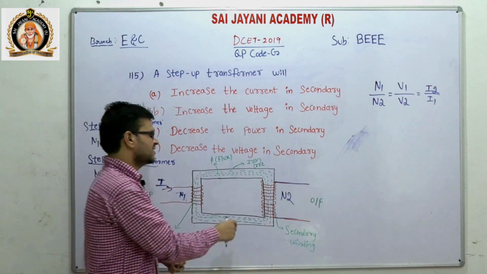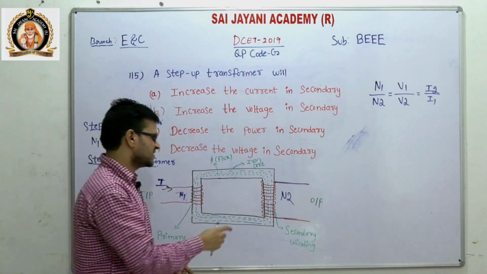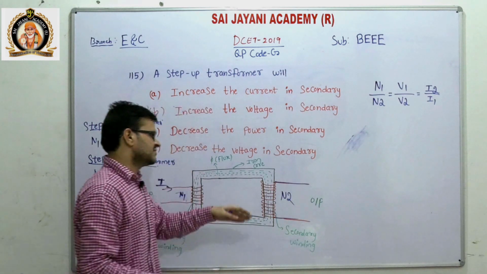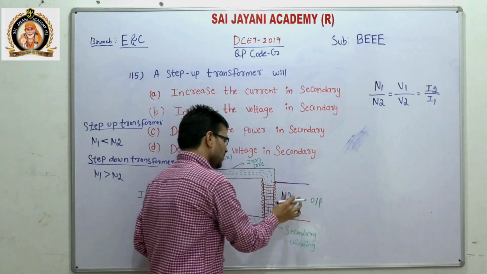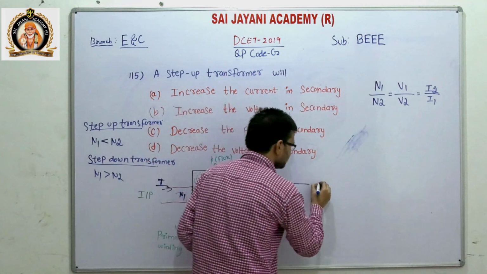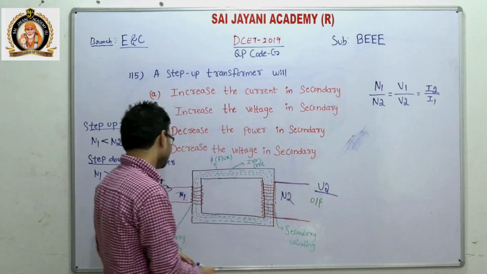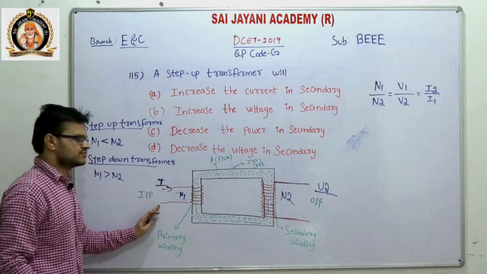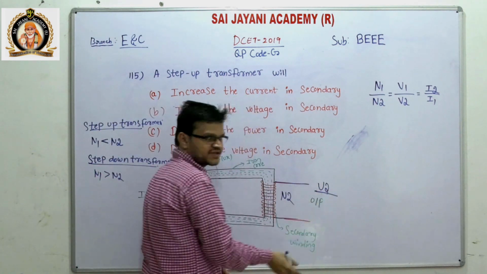Whenever there is a change in the magnetic flux, then an EMF is induced in the winding, so that a voltage V2 is induced, and this voltage is greater than the input voltage. That means a step up transformer will step up the voltage.